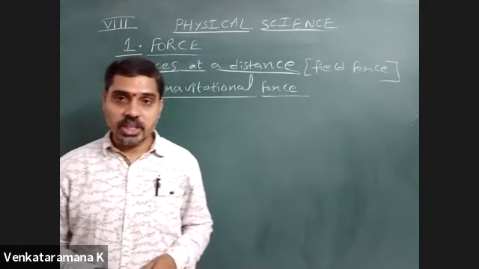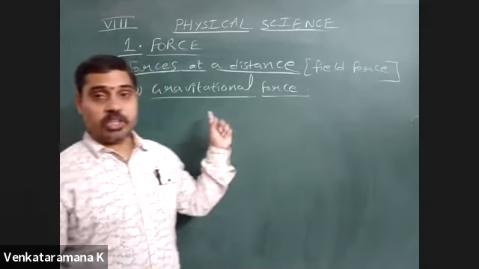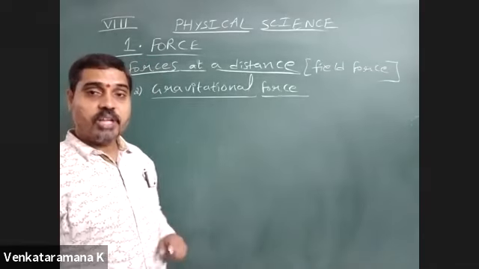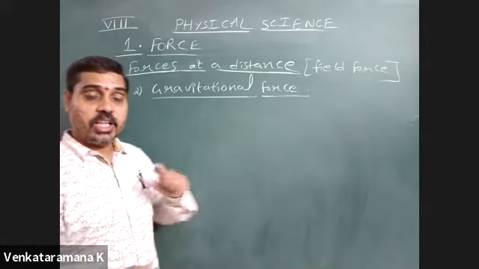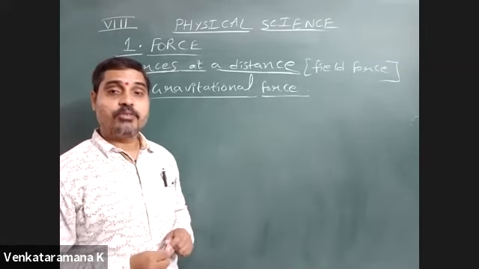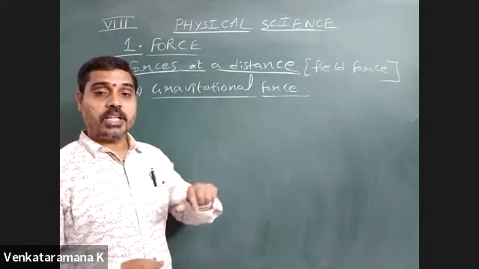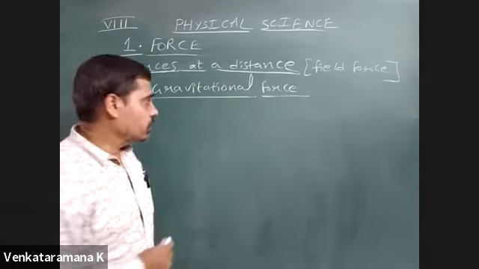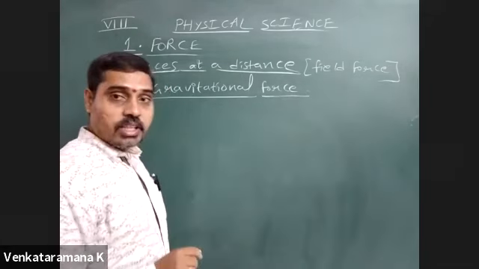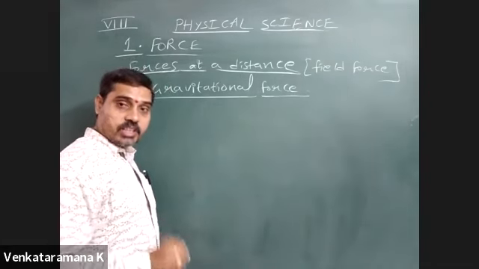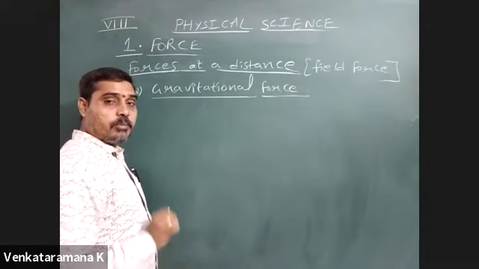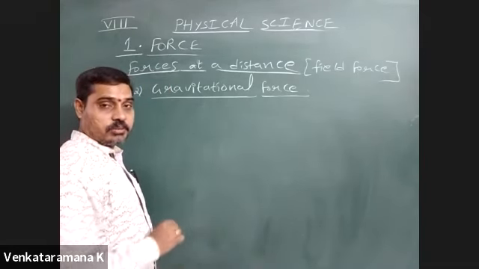Generally, we feel that gravitational force means force of attraction between planets, or between earth and another body, or between a planet and the sun. But don't keep in mind that gravitational force exists only because of earth, or moon, or sun, or only planets.